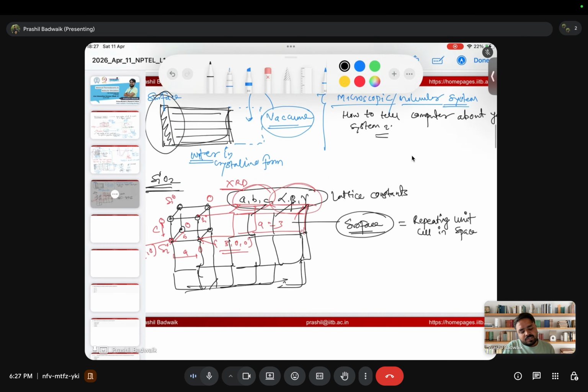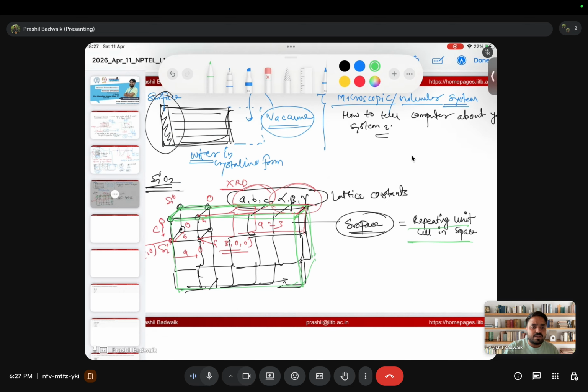So here you can see you have created one surface from here to here, right? Now over this surface, so this is the surface which we have created, right?